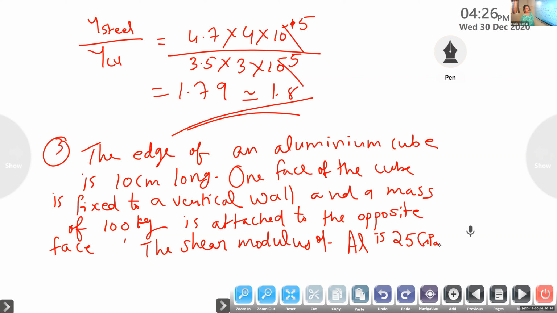I hope you remember giga, mega, so that is what 25 GPa means. That much strong it is. Okay, 25 gigapascal. What is the vertical deflection of the face?